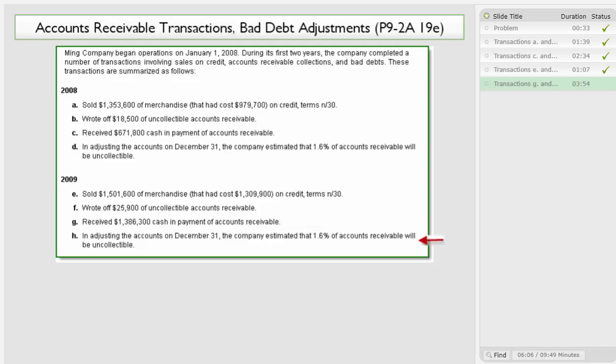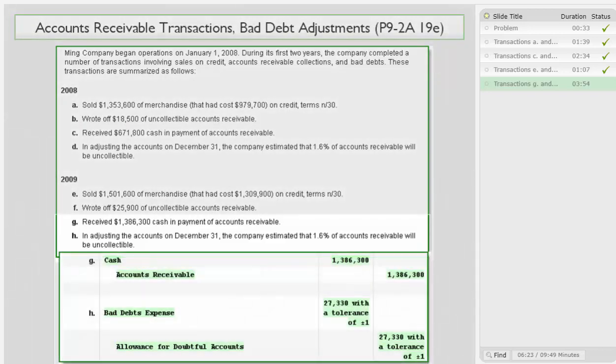And then on transaction H, we adjust the December 31st, sticking with the 1.6% estimate of uncollectible accounts based on the accounts receivable balance. To show the receipt of the cash we receive, we debit cash for $1,386,300, the amount that was given in transaction G, and we credit accounts receivable for the same amount.